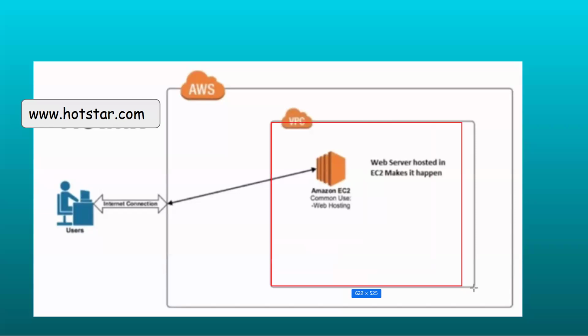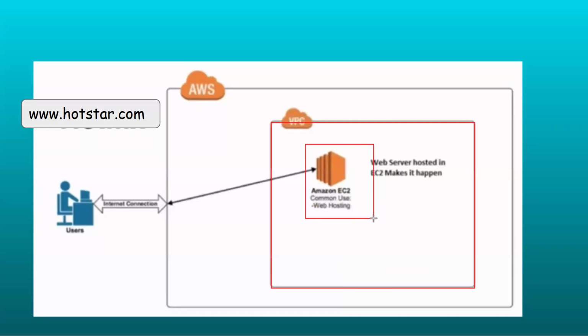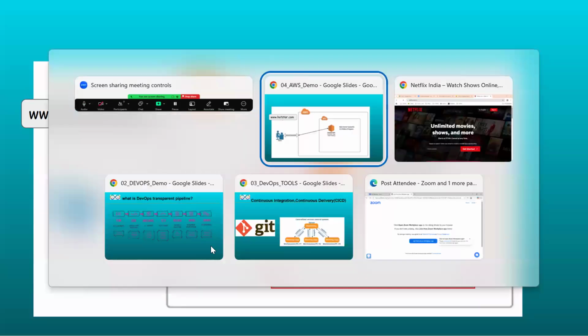First, we need to create a network. Then we create a server. On top of the server, we place our Netflix kind of application. Once it is placed, we access it over the internet.